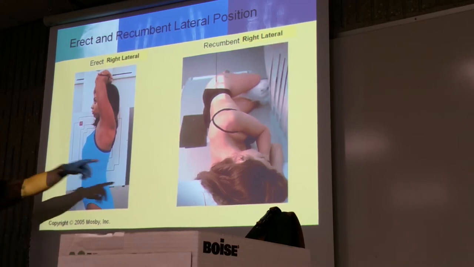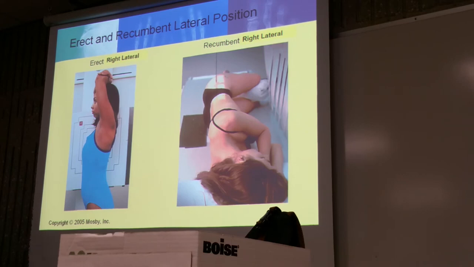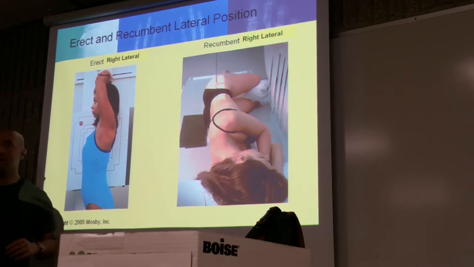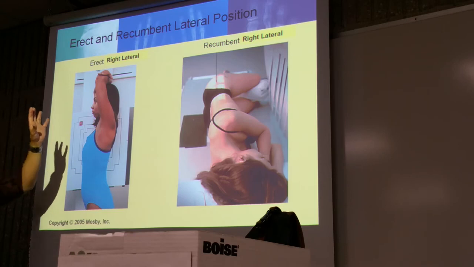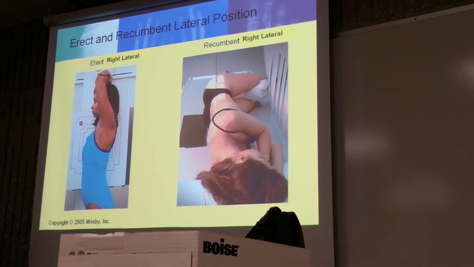And then here they are lying down. Is it laying down or lying down? Okay, they're laying down. And what is the position? Right lateral recumbent, and what is the projection? It's just a lateral. Everybody got it?